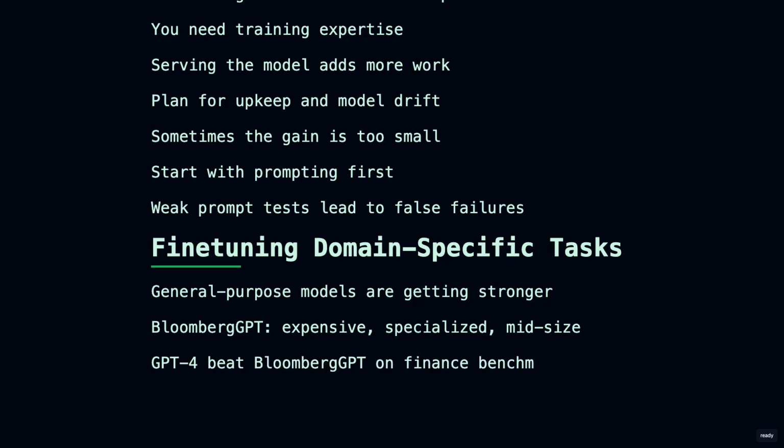But the comparison changed quickly. Research soon showed that GPT-4-0314 outperformed Bloomberg GPT on several financial benchmarks, which is a reminder that general models can be very strong even outside their original target domain.